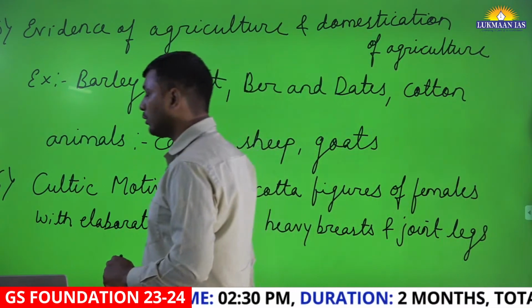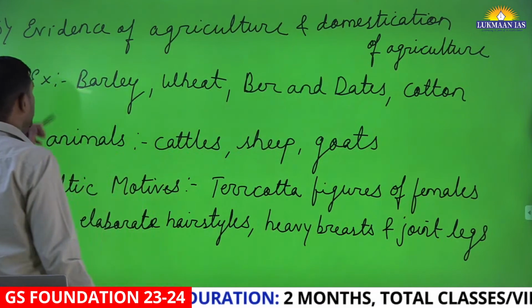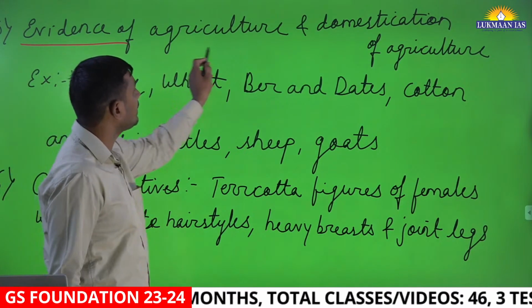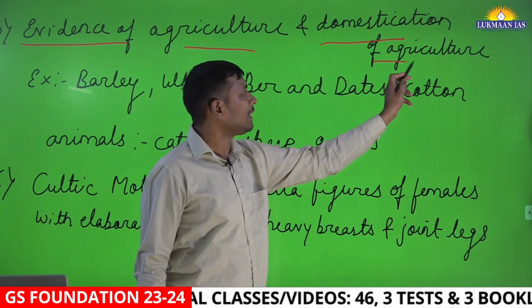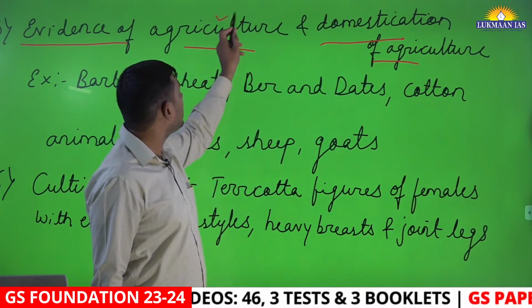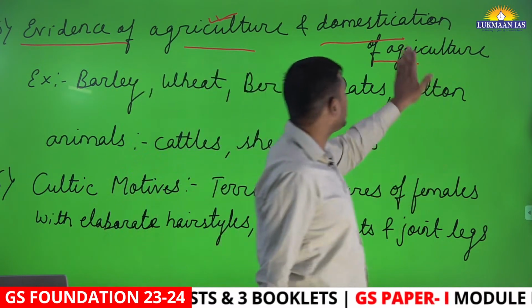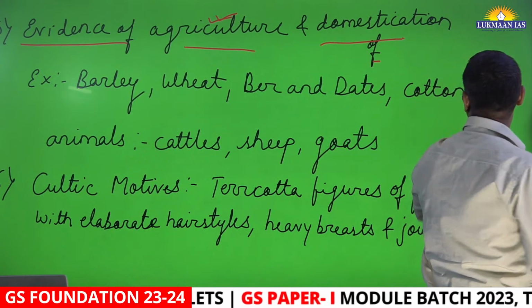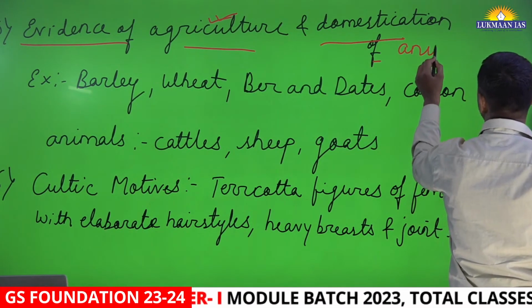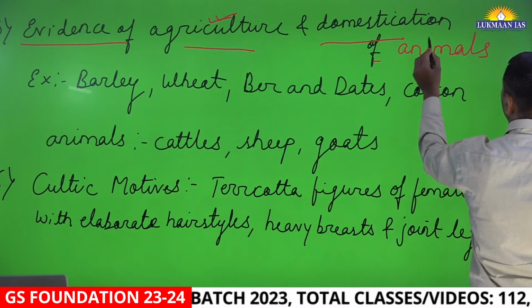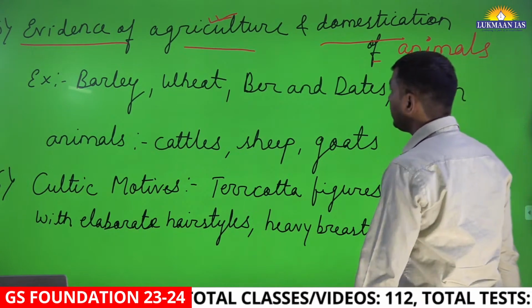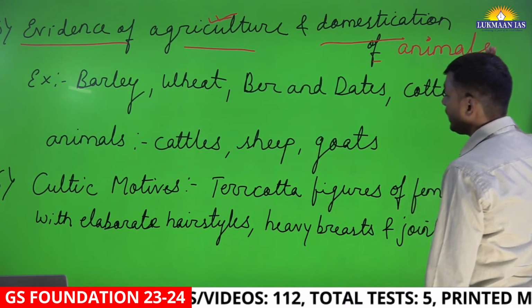I have told you about the subsistence pattern. Basically, we have evidence of the beginning of agriculture and the domestication of animals.